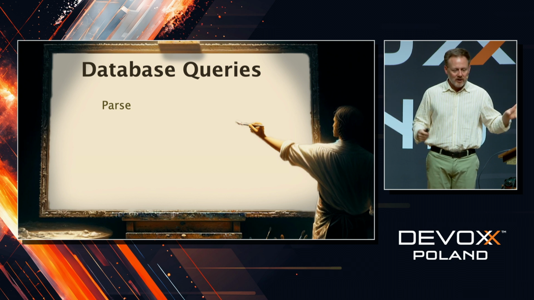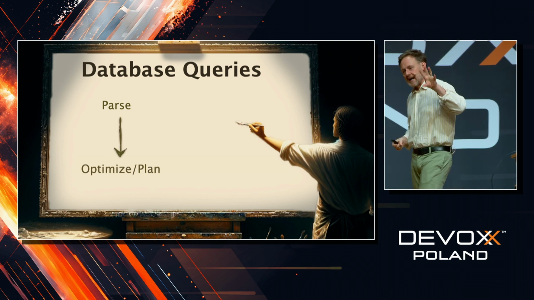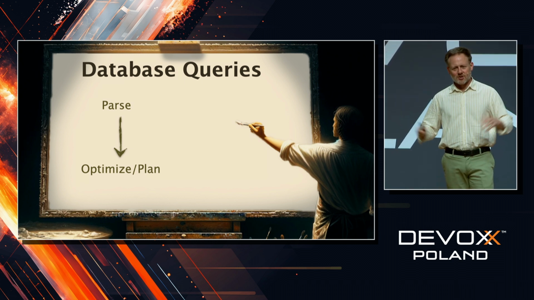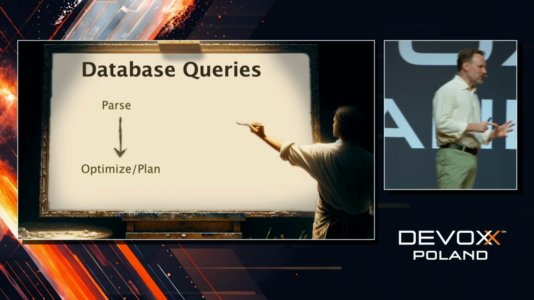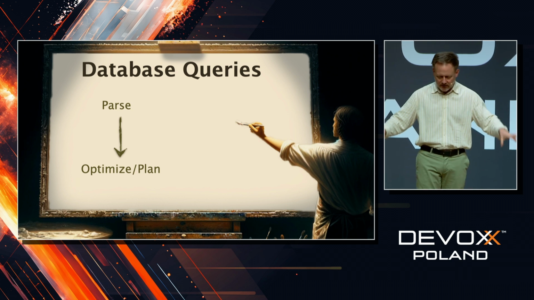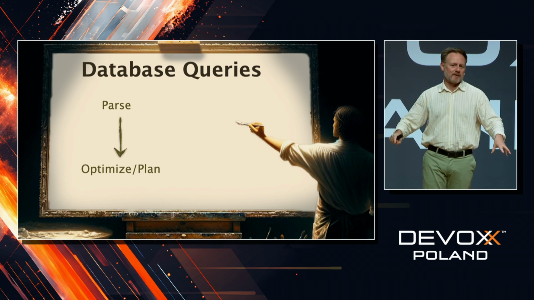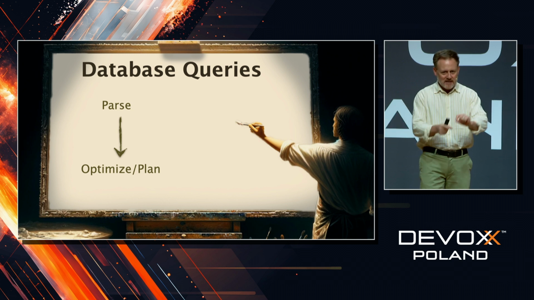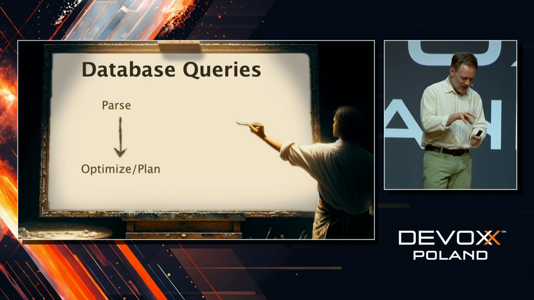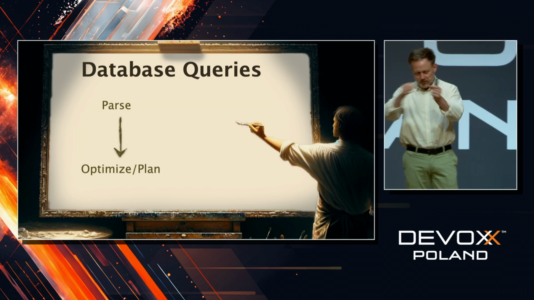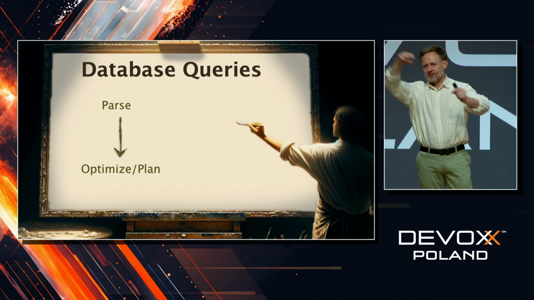Okay, it is good. We'll hand it over to the optimize and plan stage. Sometimes these are broken out as separate stages, but here what it's going to do is look at, okay, what are the tables that are being accessed? What indexes do we have available? And there will be more than one way to execute the query. You try this table first, do this filter, get this result set. Okay, now get this one and do this join, and now go try this join and this.